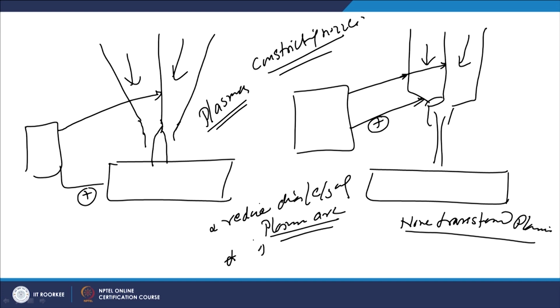This in turn will increase the energy density, and increase in energy density will reduce the heat input required for fusion of the substrate as well as filler metal, and the reduced heat input in turn will increase the cooling rate during the solidification. Increase in cooling rate will reduce the grain size. So this is the technical chain of reactions which is formed.